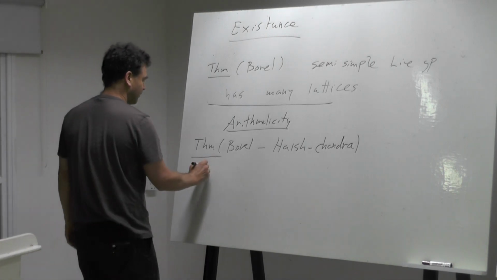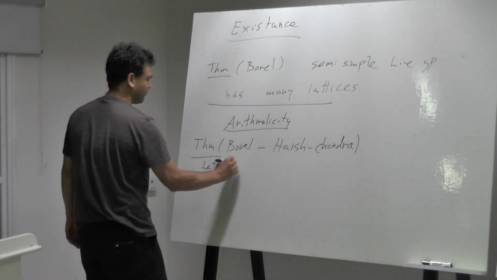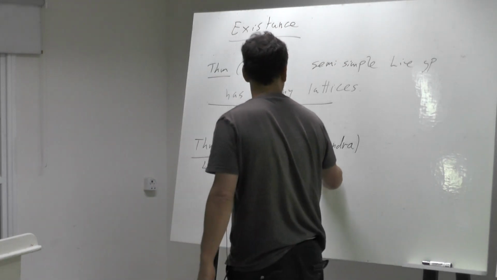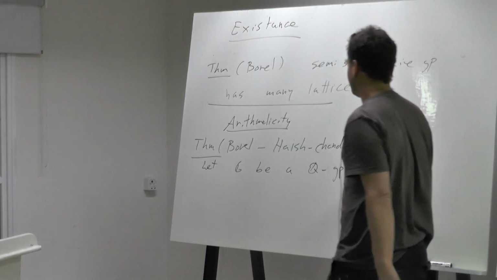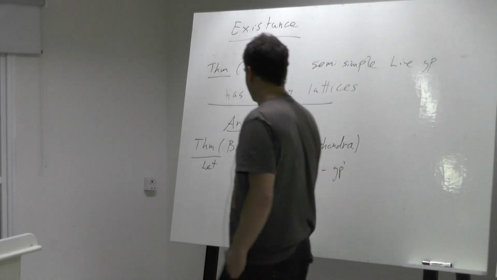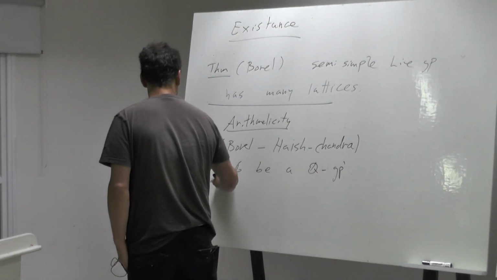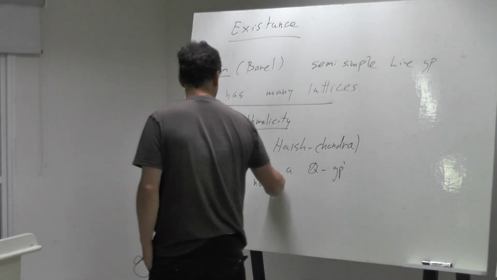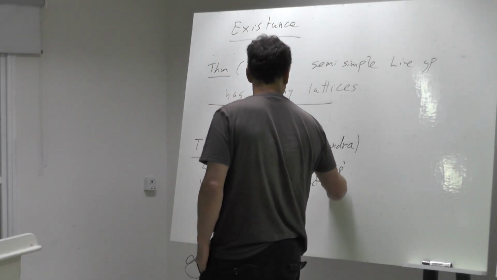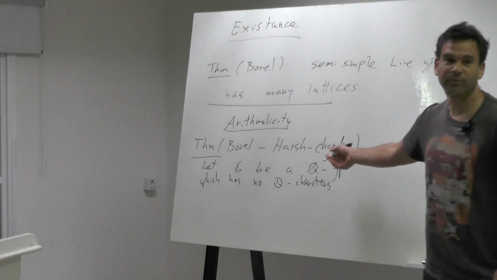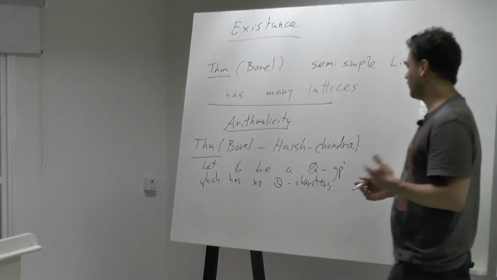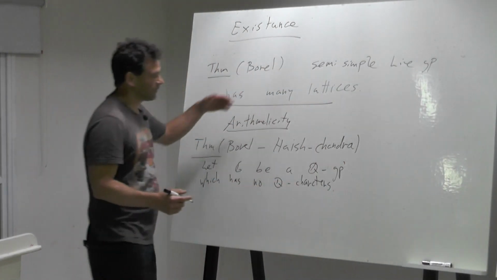if G is a Q-group, so an algebraic group defined over Q, which has no Q-characters. So in particular, if it's a semi-simple group or a perfect group, it doesn't have characters at all, but you may even allow characters, like in the nilpotent case.